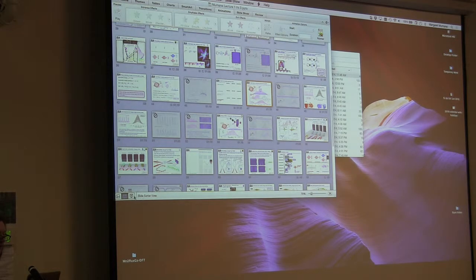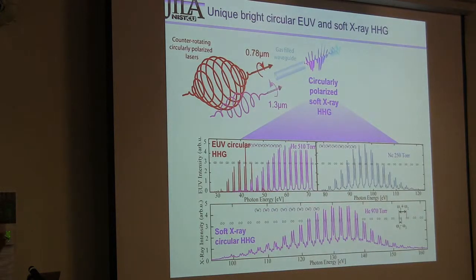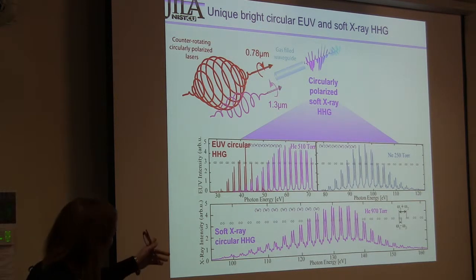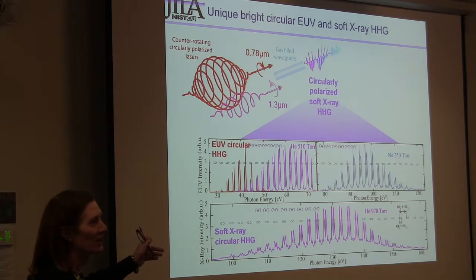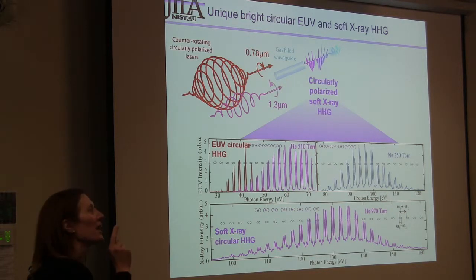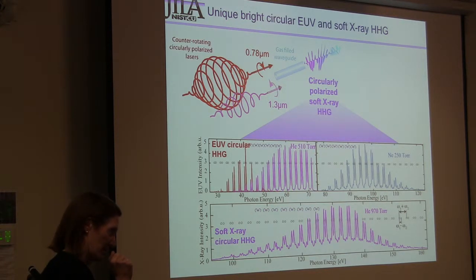They get more chirped as you go to very long driving wavelengths, but they're not too chirped at all for these colors. So you know immediately that these are phase matched over multiple cycles. Are these hundreds of attoseconds, or are they a few femtoseconds?